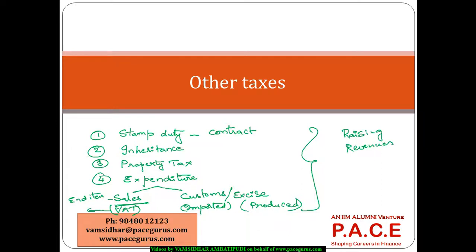But at the same time, they are very much known to provide some kind of double taxation relief, especially for a person who has got taxed on his income abroad.